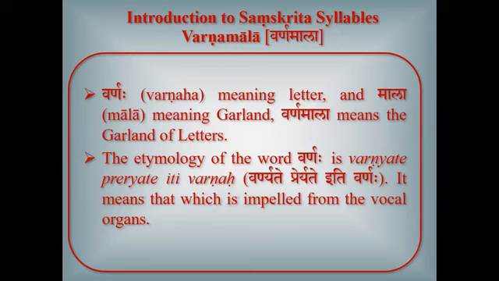And Bhagavan Anjaneya, Hanumanji, was the person who knew all the 9 grammar systems. That is why he is called Nava Vyakarana Pandita. He is a scholar who knows all the 9 grammar systems. Amazing.